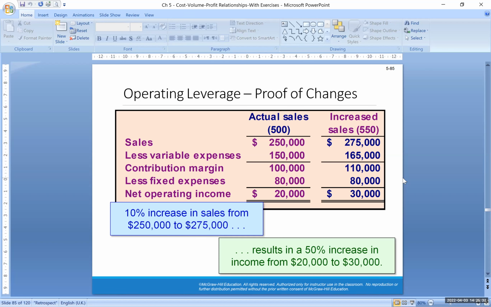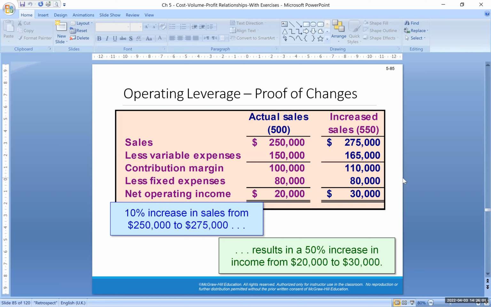Minus the total fixed costs, which is given in the question as 80,000, the net operating income will be 110,000 minus 80,000, and the answer will be 30,000.